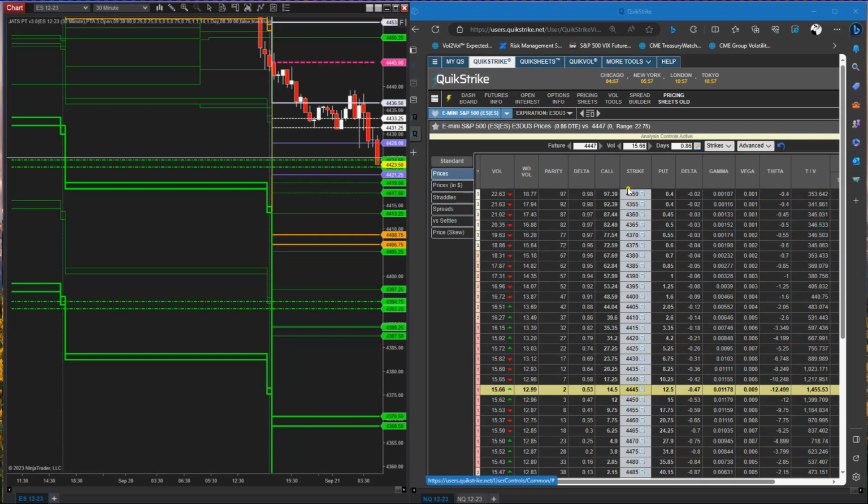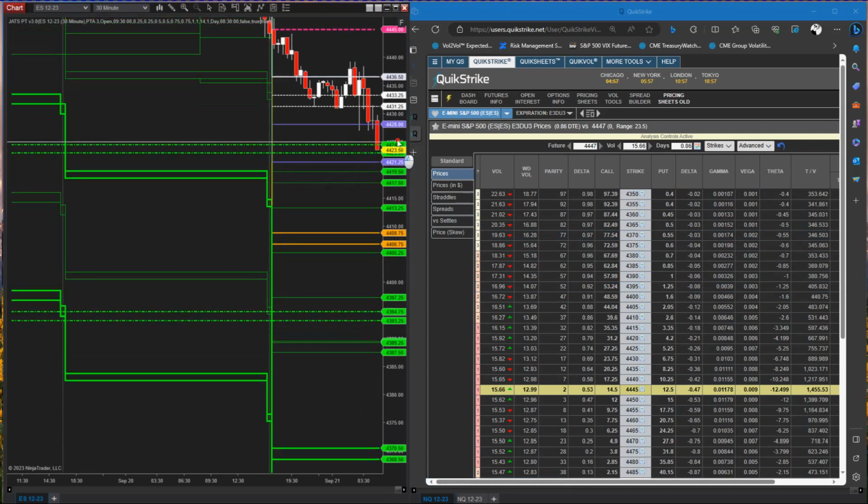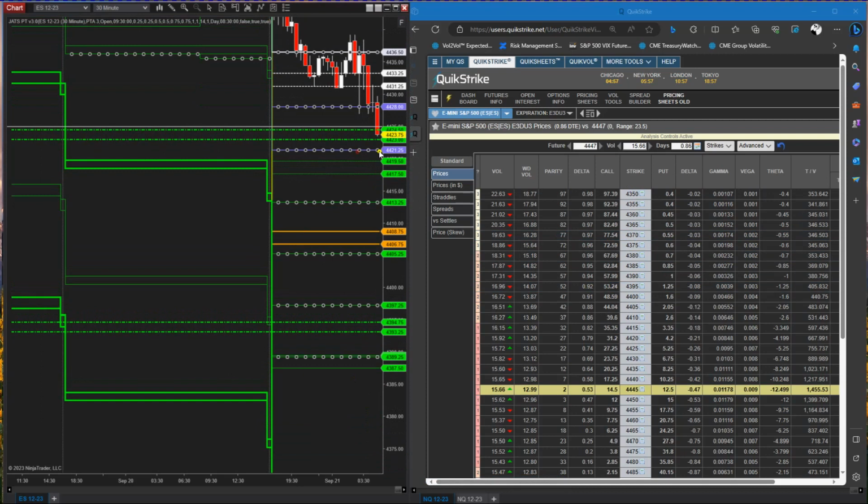So before it gets to the edge of the pricing sheet, it might bounce at 43.70 if it got down to this lower tail. Right now we're trying to get down to this Globex 3 at 44.21, and that is right here at 44.20 in the money, and that might provide a little bit of support intraday.